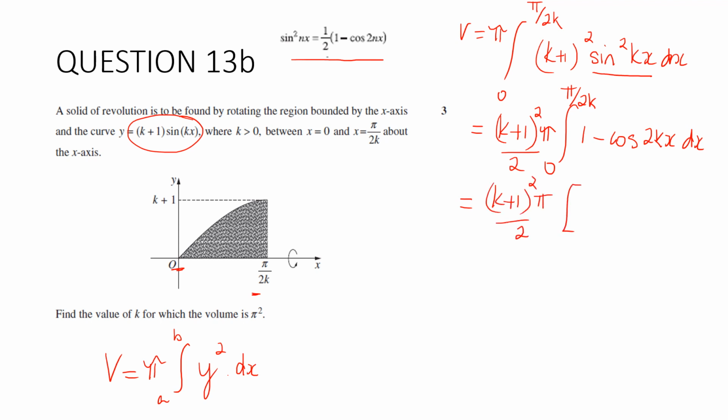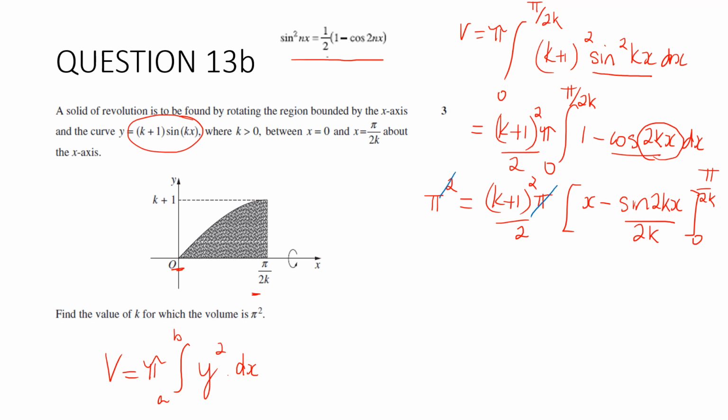Let's integrate. x take away, it's a reverse chain rule, so we've got the integral of cos is sine 2kx, divide by the derivative of this inside function, which is 2k, in between 0 and pi on 2k. And we want that to equal pi squared. So I can immediately see that one of those pi's is going to cancel out.